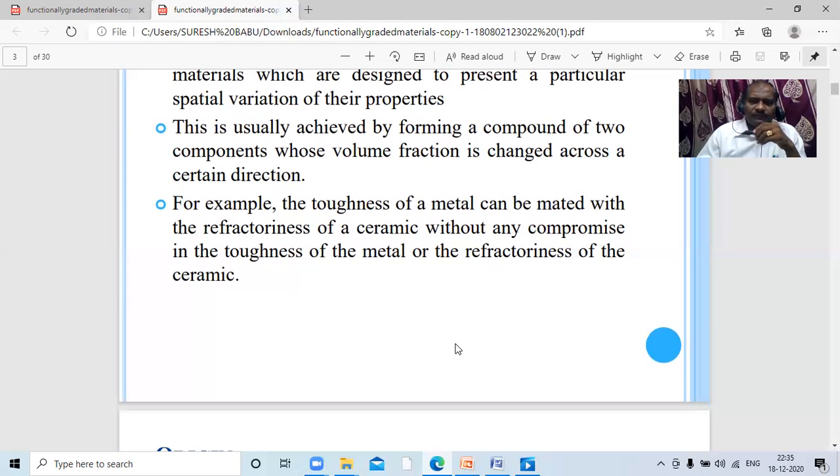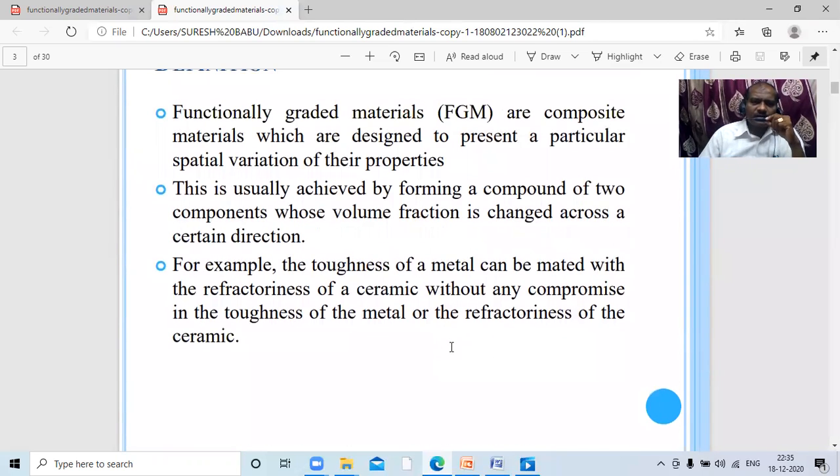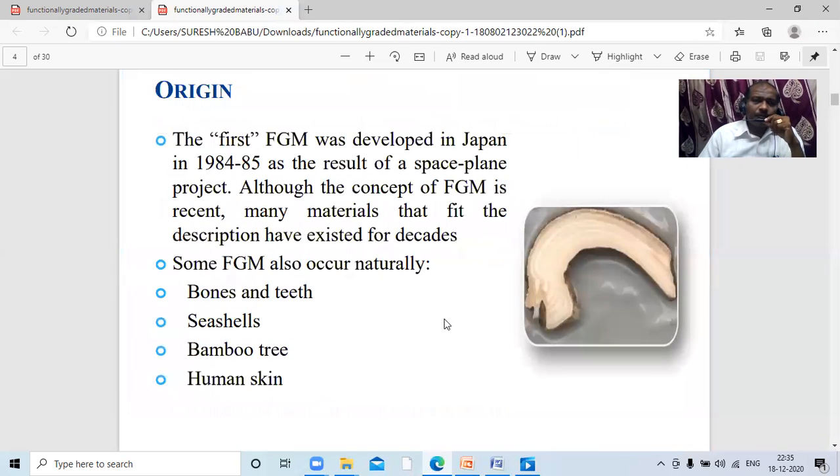So that is so. The definition means they have a specific application and a specific reason in their properties. For example, the first FGM was developed in Japan in 1984 to 85 as a result of the space plane project.